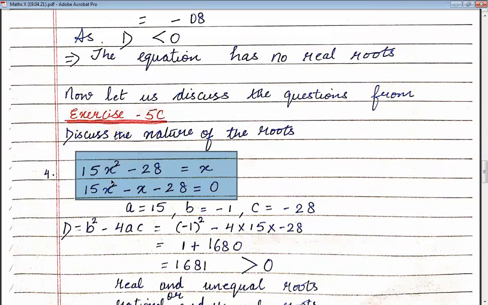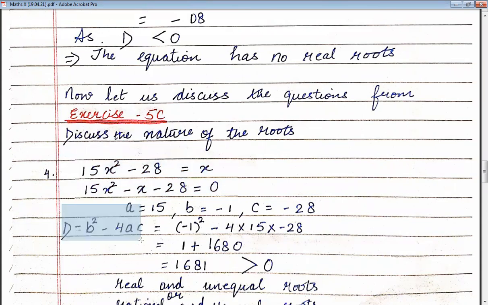So it becomes 15x square minus x minus 28 is equal to 0. Now let us find the discriminant in this question. You know that the discriminant is b square minus 4ac. What is b in this case? Minus 1. What is a? 15. And what is c? Minus 28. Now let's solve it.